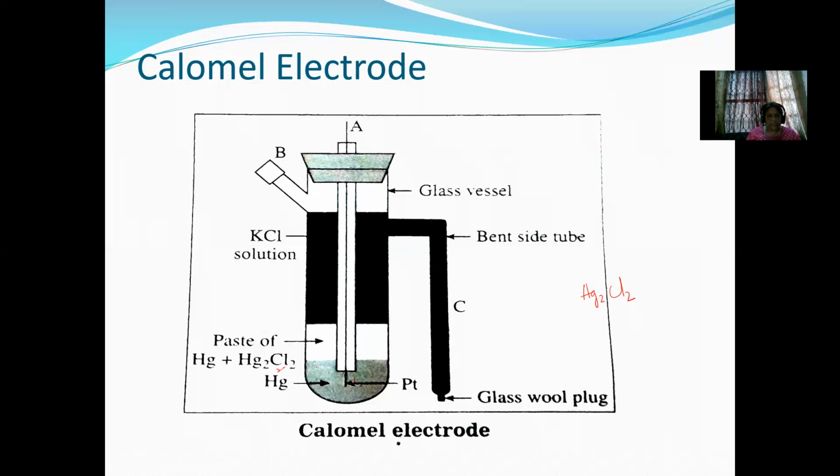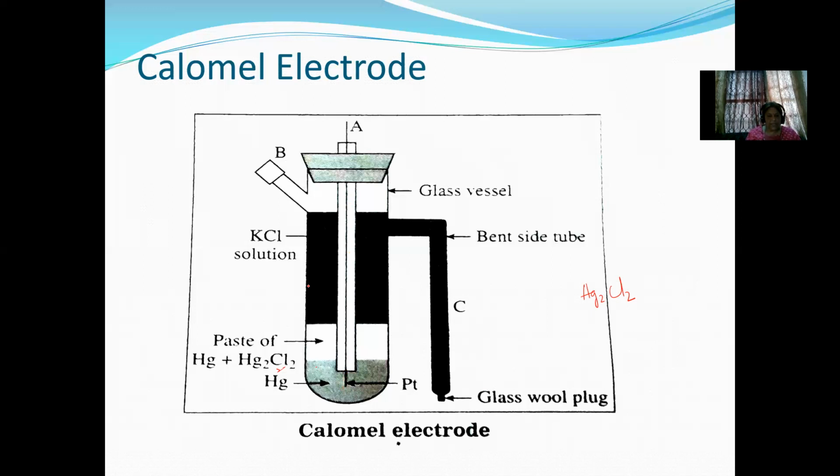So this is the construction of the Calomel electrode. Here you have another inner glass tube fitted with a platinum wire, and this platinum wire should be dipped in the mercury layer for the external contact.